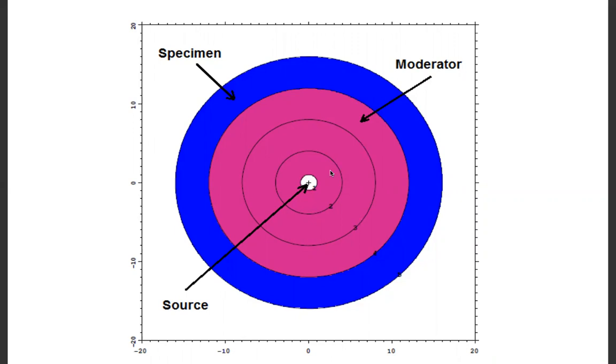For example, is graphite good, is water good, is wax good, is polyethylene good? What is a good moderator and how much of it do you need, what will be the weight of the moderator, so that you maximize the N gamma reactions here, because outside over here are going to be your detectors.